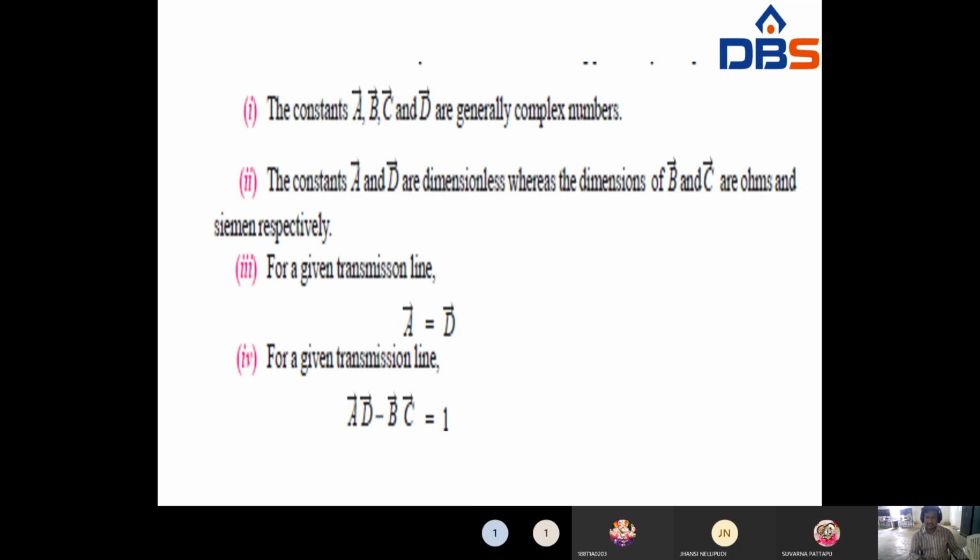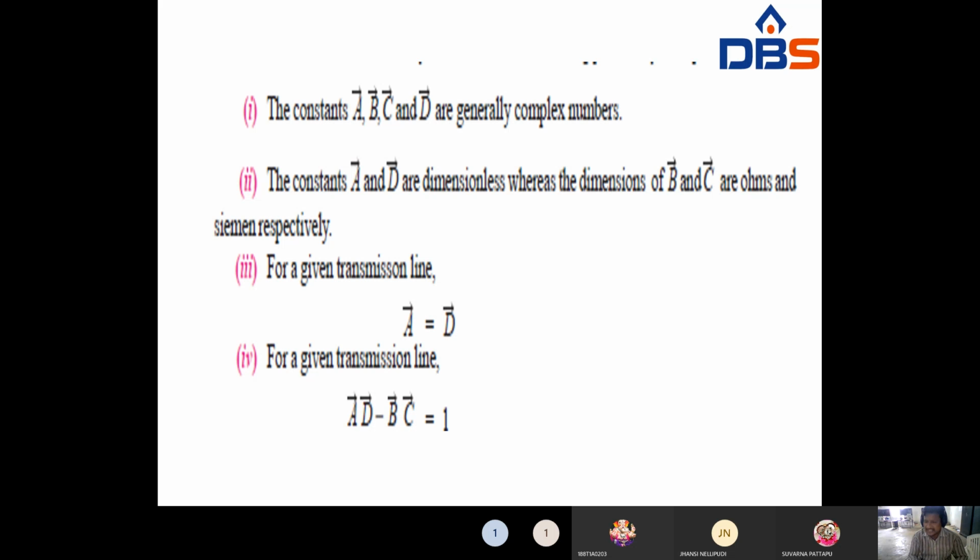Coming to C, reverse: I1 by V1, that is admittance, mho or Siemens. A, D do not have any units, B has ohm, and C has mho or Siemens.